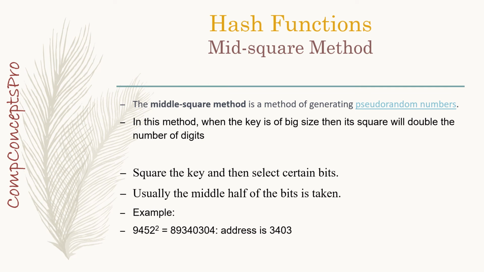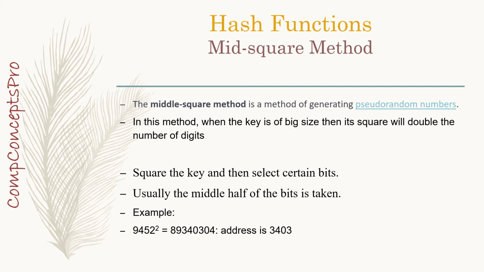The next hash function is the mid-square method. In this method, first we will find the square of our integer key and choose the middle 4 digits of our square as the hash code. To apply this hash function, our original key should be a bigger integer, say a minimum of 4 digits. See this example.